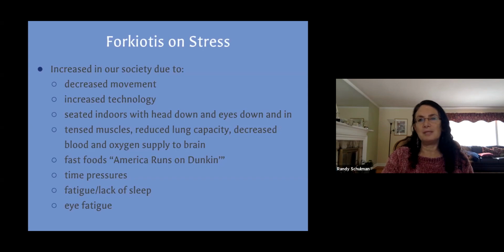Time pressure is something that, if you recall, we talked about way back in the beginning, that time was a factor in some of the earlier talks with Getman. So he said that time is a big factor. When we feel pressed for time, that actually creates problems with our visual system.